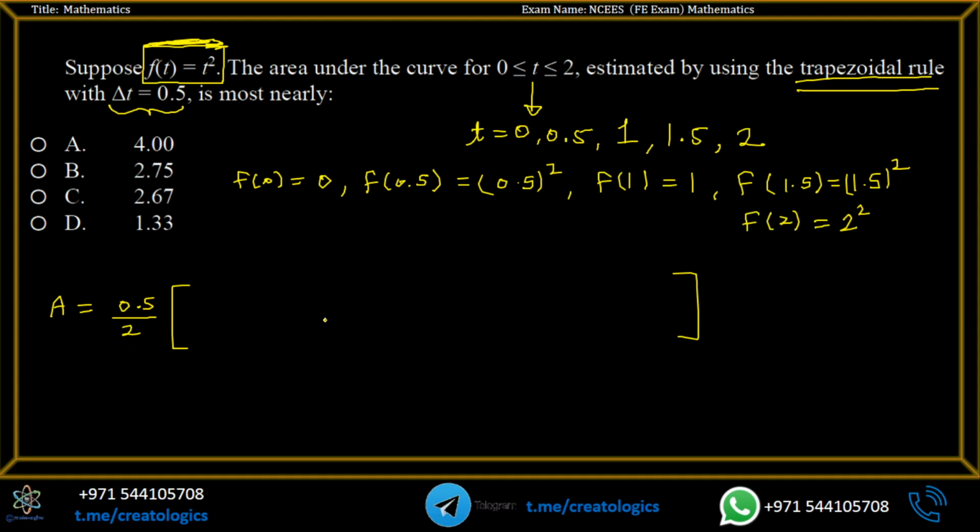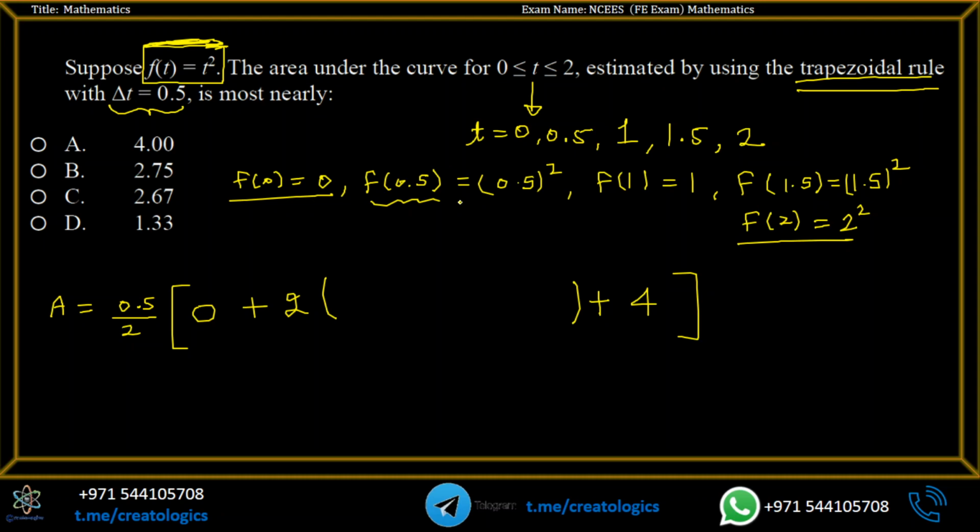Now as I said, first value and last value you have to put 0 and 4 here. F of 2 and f of 0 are done, plus 2 times the sum of all mid values, right? So mid values are, this is first, this is second, and this is third. You have to choose these 3 also.